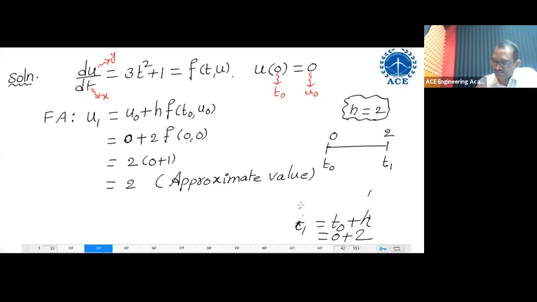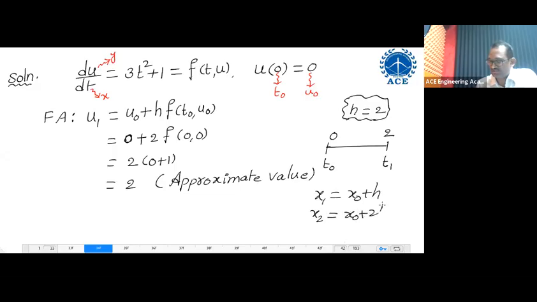Already to find x1, x2, x3 values, no need to remember anything. Directly I gave the formula. See, in the introduction of this model, I gave already x1 is equal to x0 plus h, x2 is equal to x0 plus 2h, x means t here, t1 is equal to t0 plus h, t2 is equal to t0 plus 2h, x3 is equal to x0 plus 3h, and so on.